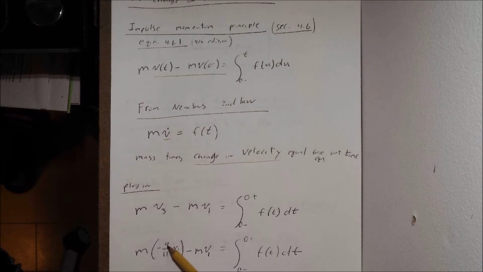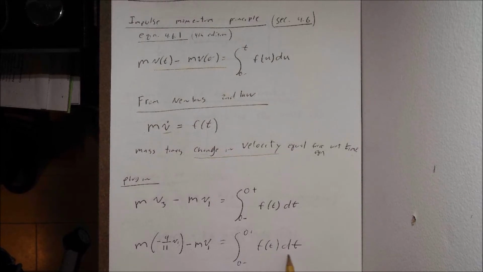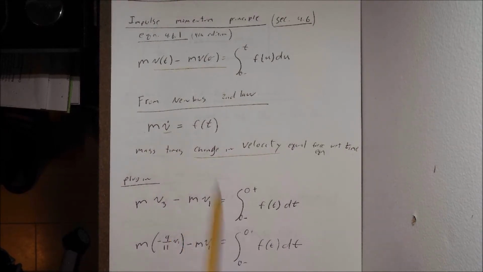So the mass times v3, which is negative, going opposite direction, 9 over 11 times v1, minus the mass times v1, which is just given to us as v1, is equal to the integral of f(t) dt. So now we've plugged in there, again, from Newton's second law and our impulse momentum principle, we now have an expression relating our masses and velocities and forces.